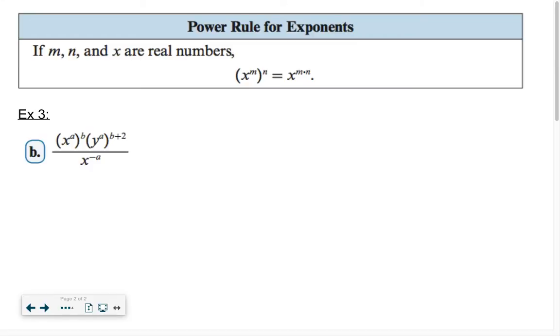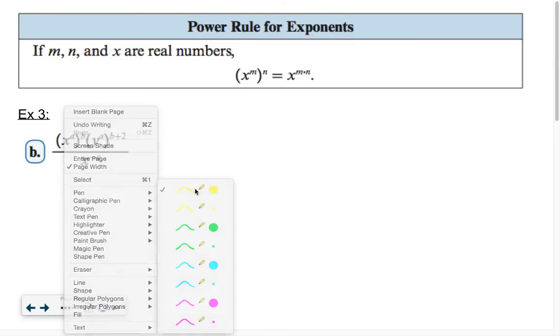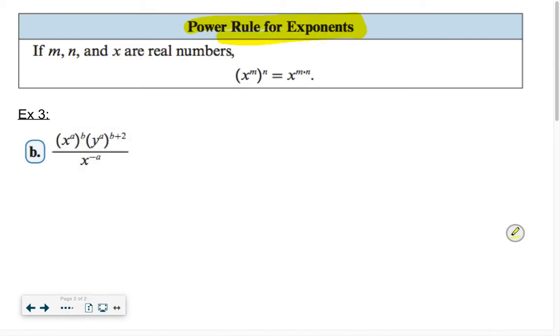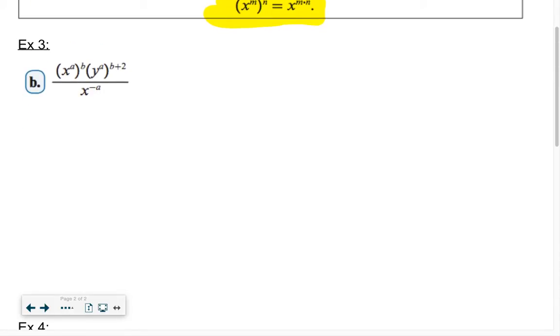Let's talk about the power rule real quick. Power to a power, we are now going to multiply those exponents. Again, we've been doing them since, what, 7th grade? 6th grade? The only thing now is, instead of looking at more basic problems, we're looking at things like this.